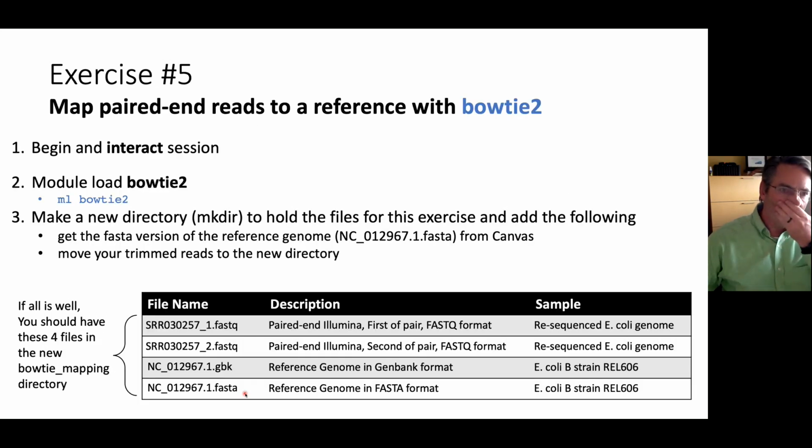All right, so exercise 5, this is continuing on from exercise 4 in the previous one. So we've got some trimmed reads, and we're going to map those to our reference genome with Bowtie 2. I think I said that these might be human data in the last section. They're E. coli. I don't know what I was thinking.